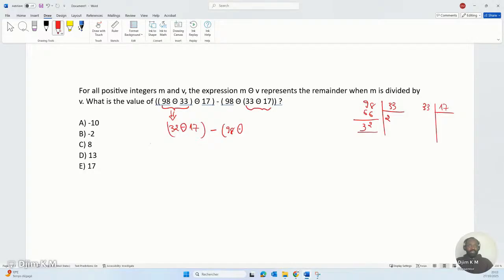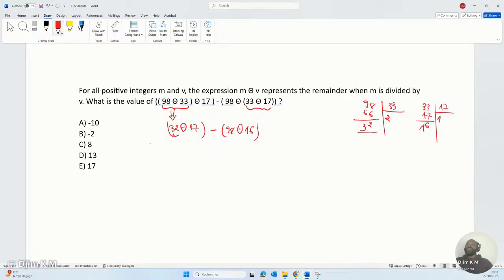If we say 2 here, it gives us 34, but 34 is greater than 33, so 1. So now 13, 6, 1, 16. So this will be 16 here.